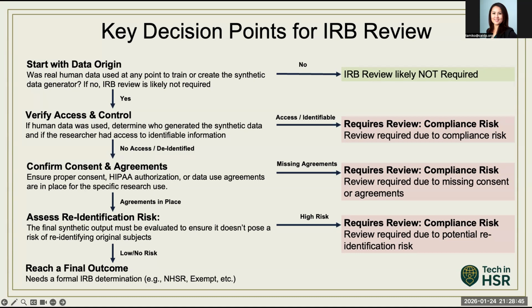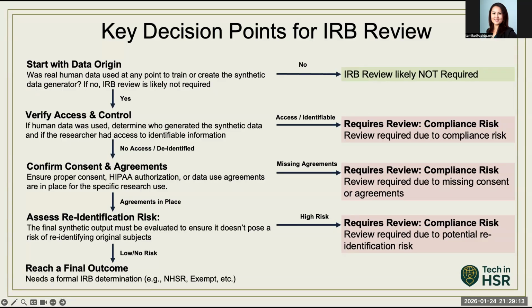And then we reach the final question, which is whether consent was obtained or not. Did the researcher or the research team have consent for this specific use? Obviously, if no, or if they're just not able to confirm it, then the IRB is going to dig a little bit more deeply into that. We have to worry about HIPAA and we have to worry about potential auditing risks.